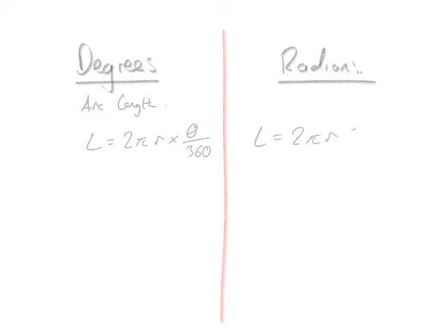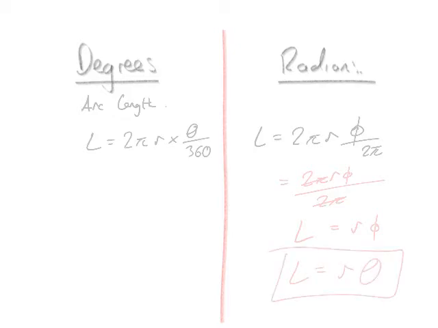Now, if we do the same idea for radians, we're not dividing by 360. We have to divide by 2 pi because there's 2 pi in a complete circle, a complete revolution. Now this has the effect of cancelling out 2 pi and leaves us with the really lovely equation L equals r theta.